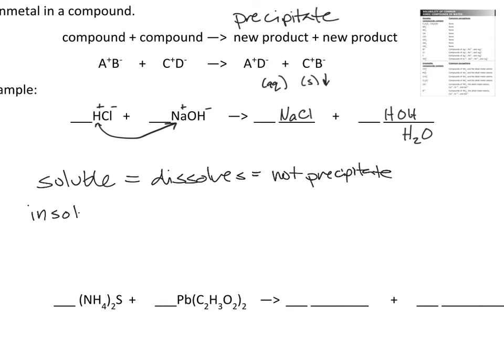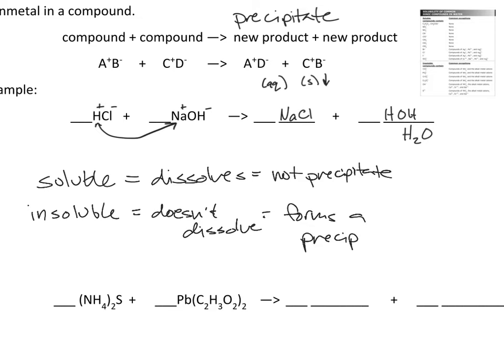Insoluble is the opposite. Doesn't dissolve and forms a precipitate. Now, you might remember back from Unit 1 in the indicators of a chemical reaction, forming a precipitate is one of those indicators. So what you're going to have to be able to do is determine if something is one of these compounds, if it is soluble or if it is insoluble.